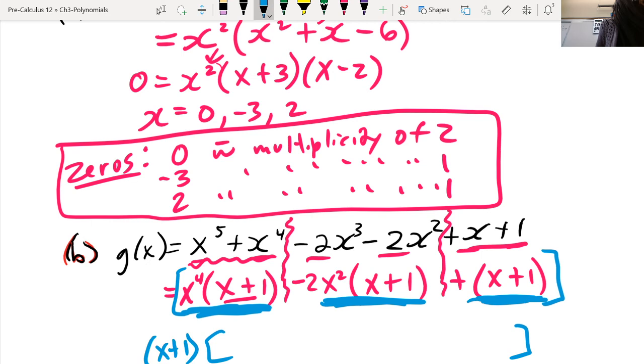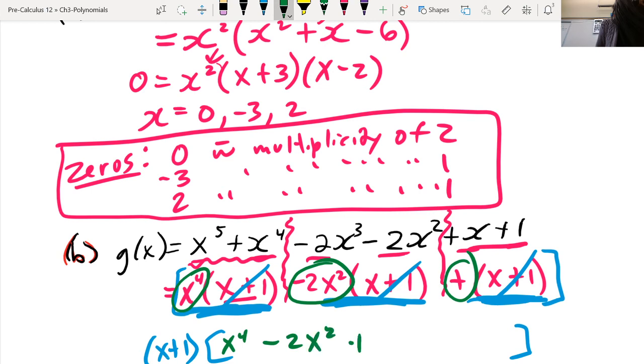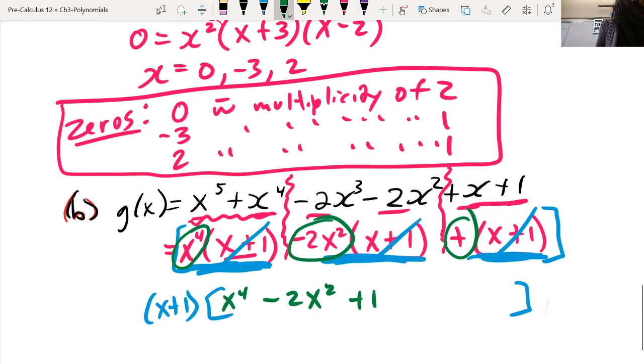By pulling it out, I mean I divide this by x plus 1 to leave a 1 there, divide this by x plus 1, divide this by x plus 1. And then I look to see what that leaves me with inside. To make this clear, I'm going to circle them in green. If there's nothing there, it's just a plus 1. So I have x to the 4 minus 2x squared plus 1 left inside.